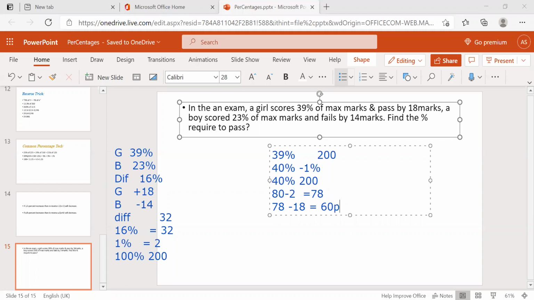But what do we need to do? The 60 is how much percentage in 200? That's what we need to find out. So we are going to take 60 by 200. Is it clear? Into 100.